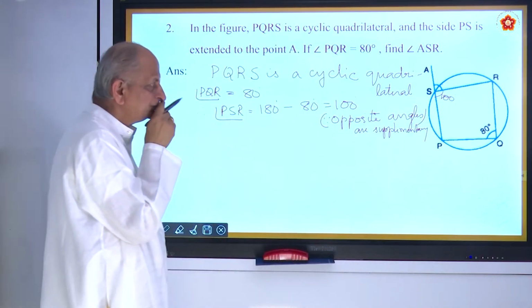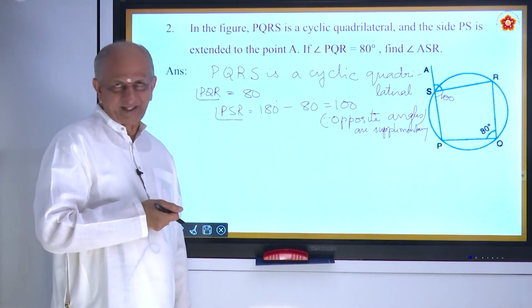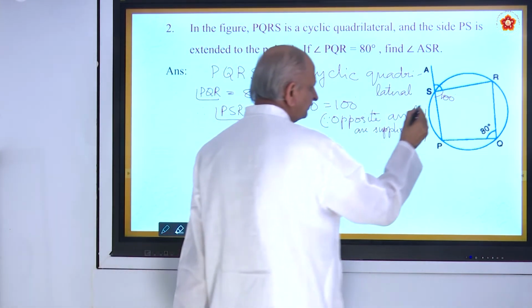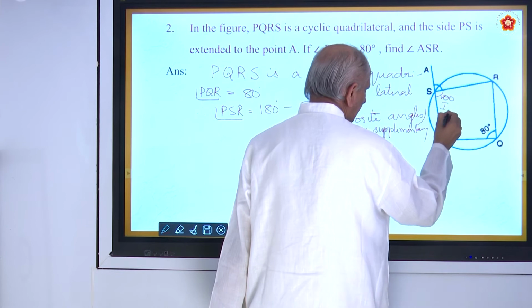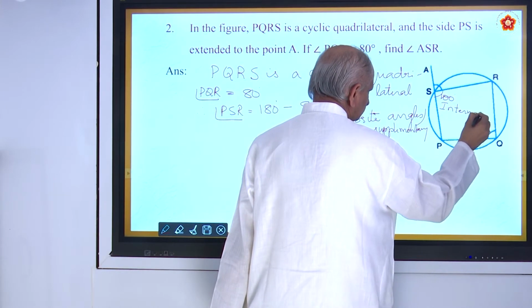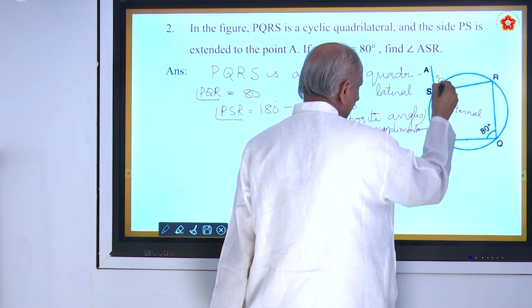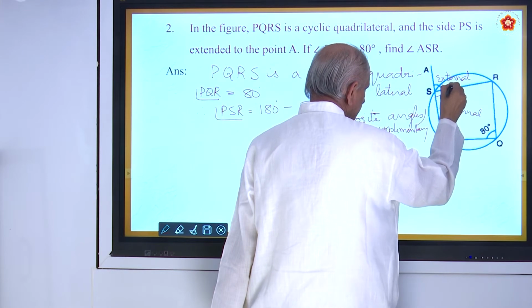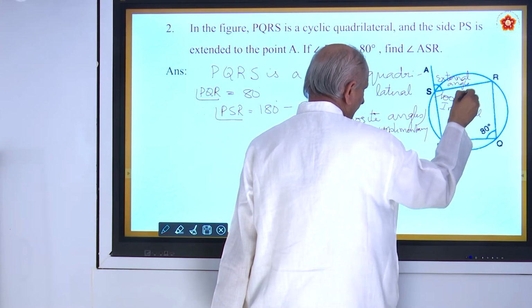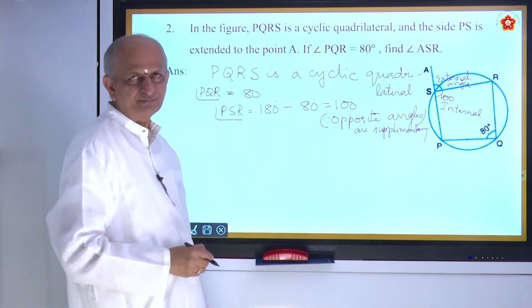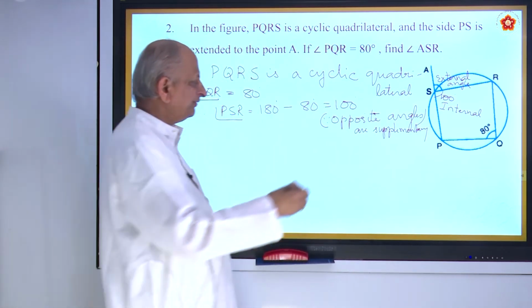Now, you see, there are two angles there at S. One is called internal angle, and this is called external angle. How do you get the external angle? That is just produced. When PS is produced to A, you get the external angle. And what is the sum of these two?